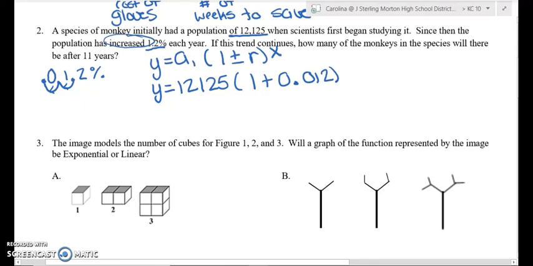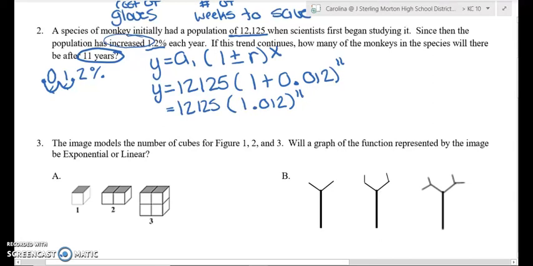However, in this problem, we're going to raise it up to 11 because they're asking us to solve for 11 years. So I'm going to simplify: 12,125 parentheses 1.012 to the x power. Again, to the 11th power.